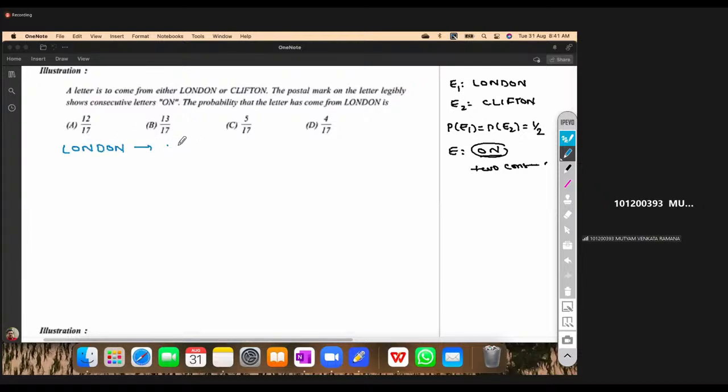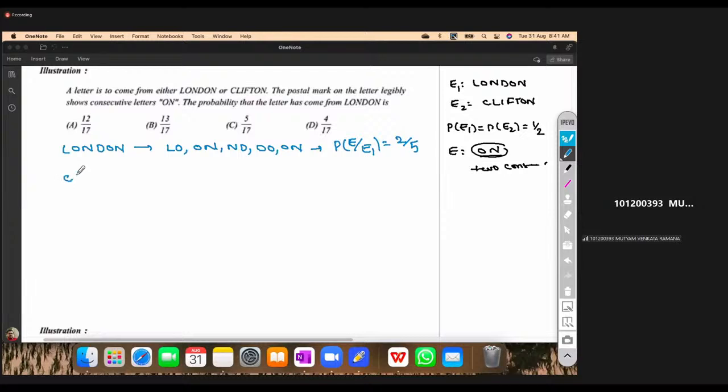LO is there, ON is there, ND is there, DO is there, ON is there. So now probability of E given E1, selecting two consecutive letters that are ON, is 2 out of 5. 1, 2, 3, 4, 5.